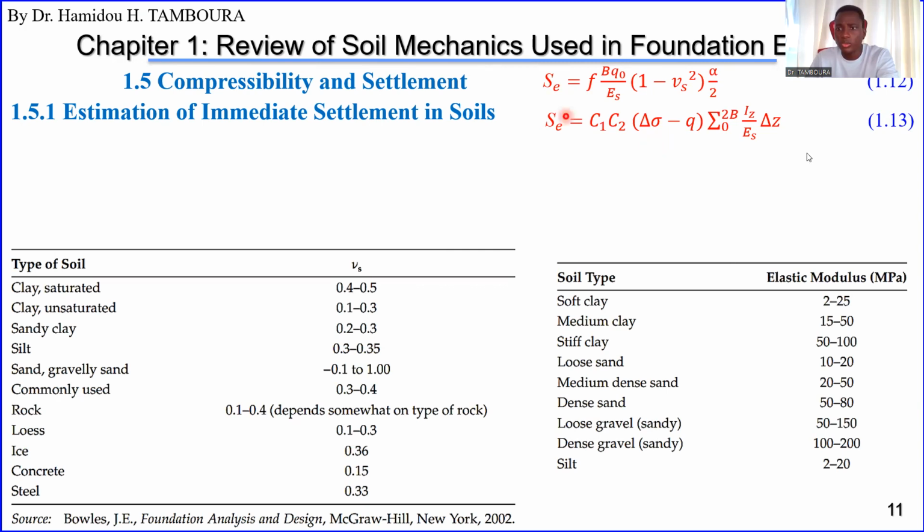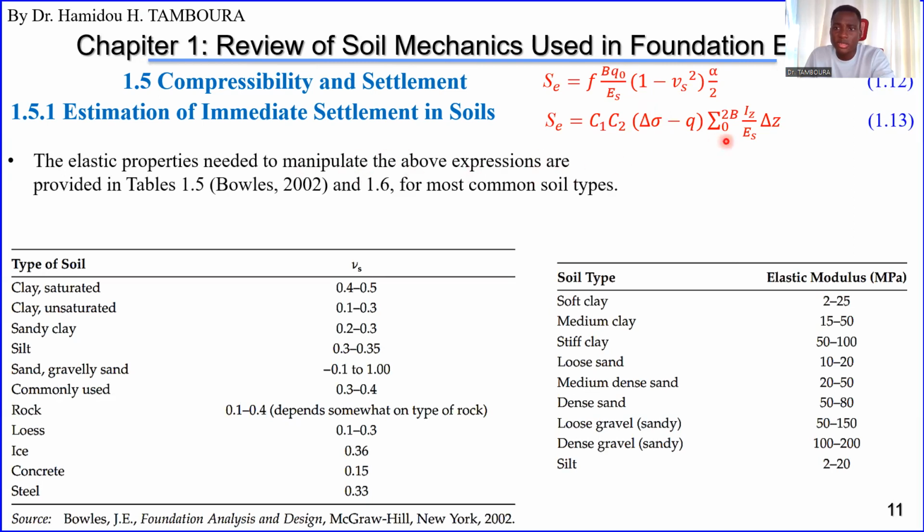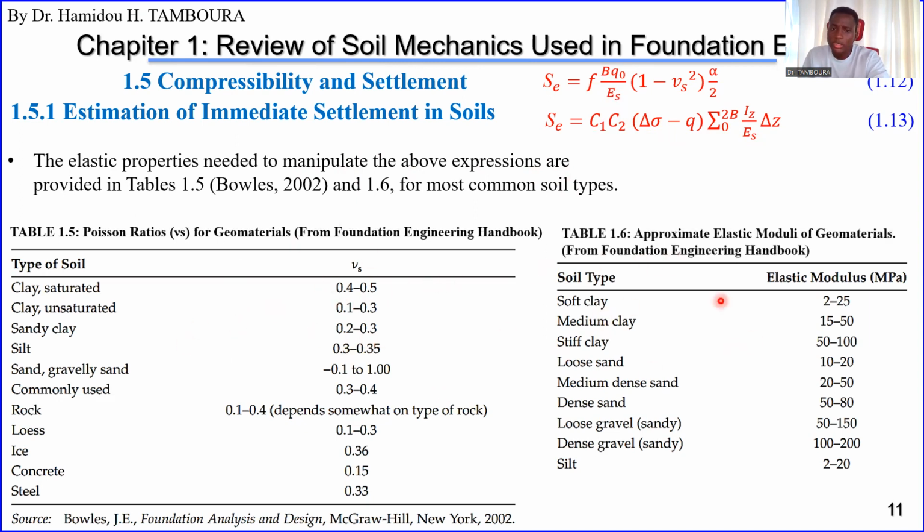As we said, the main issue that makes the application of this formula difficult is the elastic modulus. That one is sometimes difficult to obtain for soil. So we found this table giving these values, not only the elastic modulus but also the Poisson ratio, which is sometimes difficult to obtain.